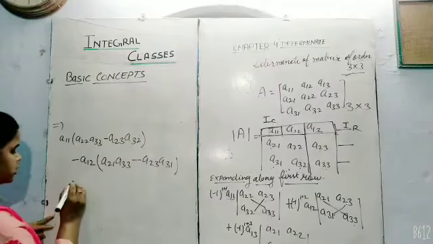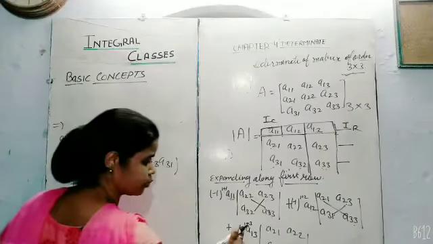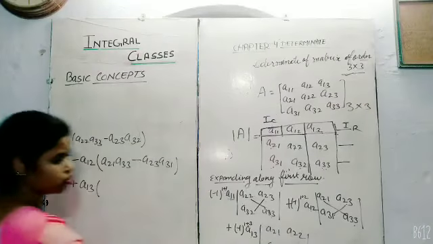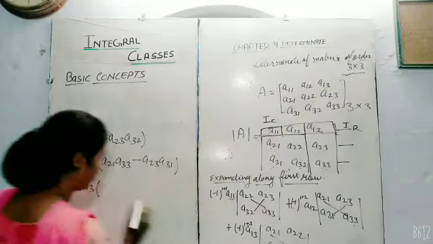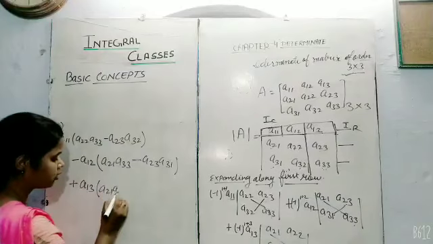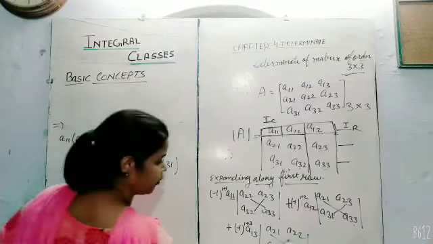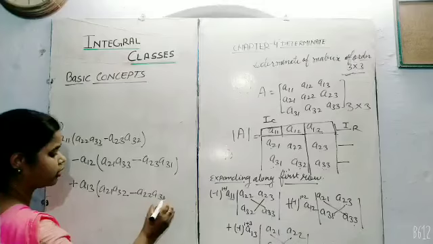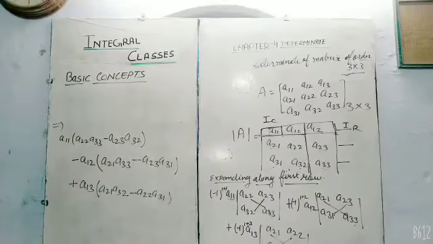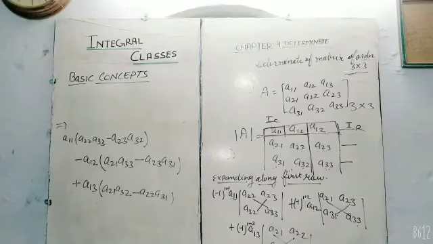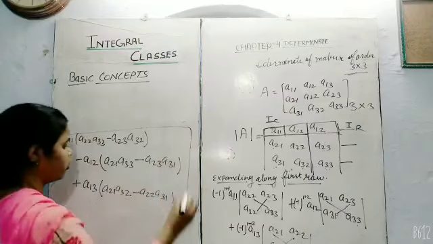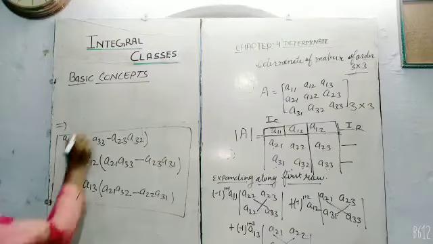Now for this, minus 1 exponent 4 will become positive. A13 as it is, A21 A32 minus A22 A31. So this is the answer of the determinant of A.